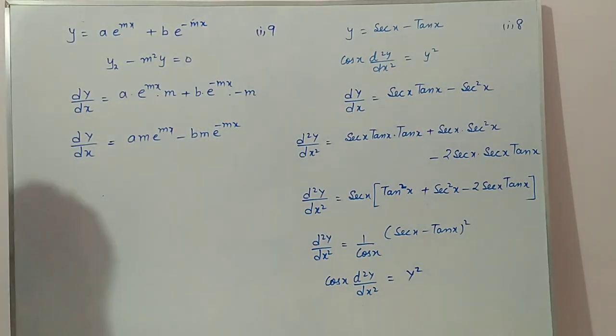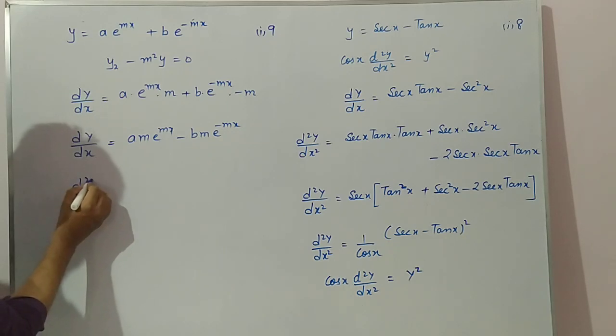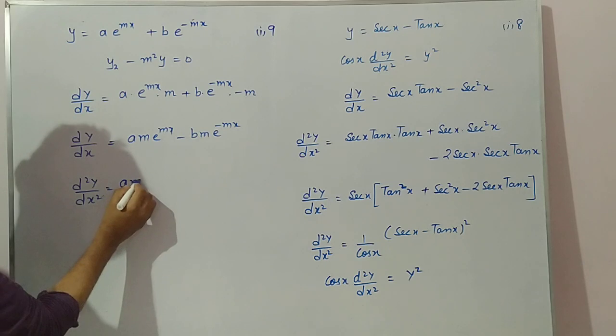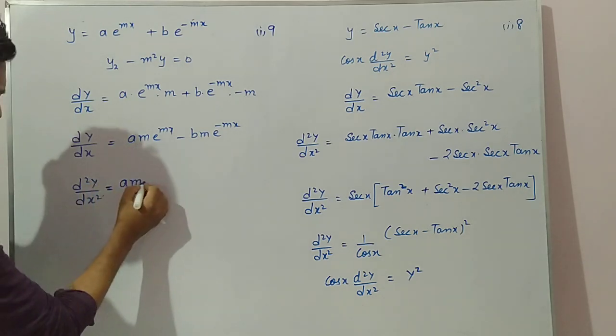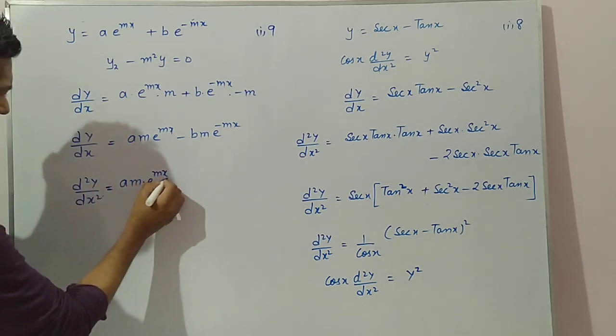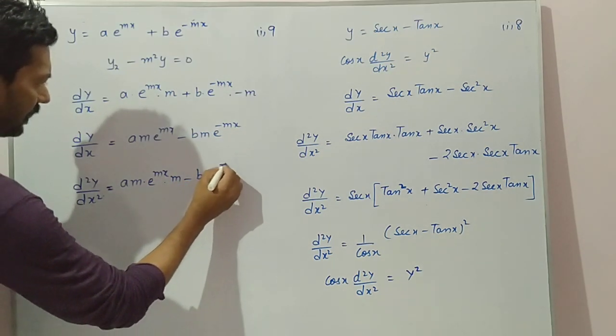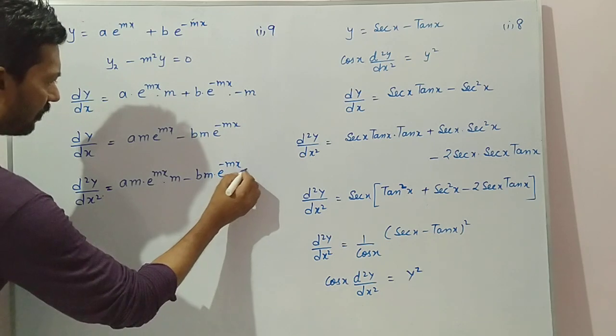Once more we will differentiate. d2y by dx square equals am e to the power mx, that is e to the power mx into m, minus bm e to the power minus mx into minus m.